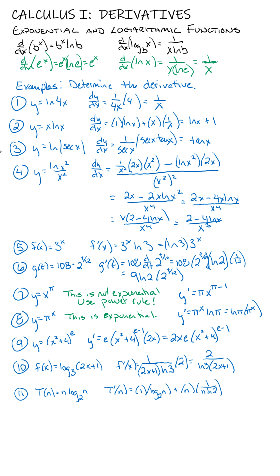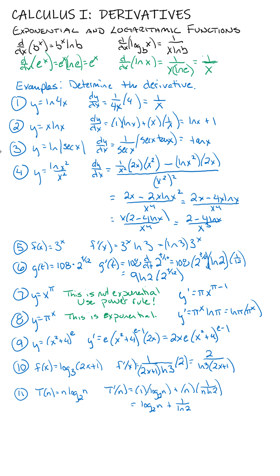Looks like we can simplify this a bit. We've got log base 2 of n plus, notice here, these two n's reduce, one in the numerator, one in the denominator. So we end up with just 1 over the natural log of 2. Now, there is a result, but I think we can clean this up just a little bit.